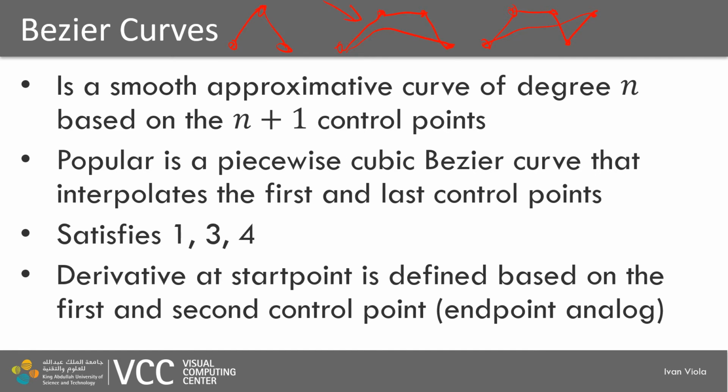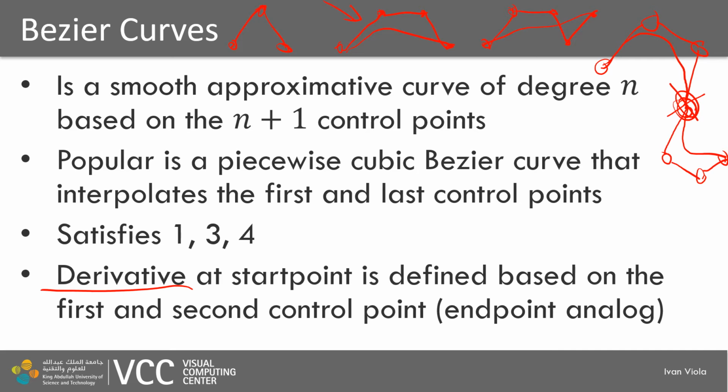However, we can make it local by concatenating various Bezier curves. In particular, what is popular is to concatenate cubic Bezier curves. So we have one Bezier curve, and we know that it will be going through this point, which is the endpoint here. Then we can have another Bezier curve, and by sharing the endpoint, we connect it at that endpoint. We just need to secure a certain level of continuity.